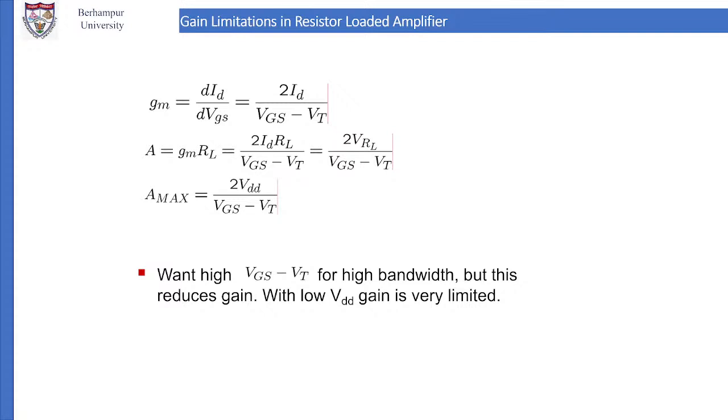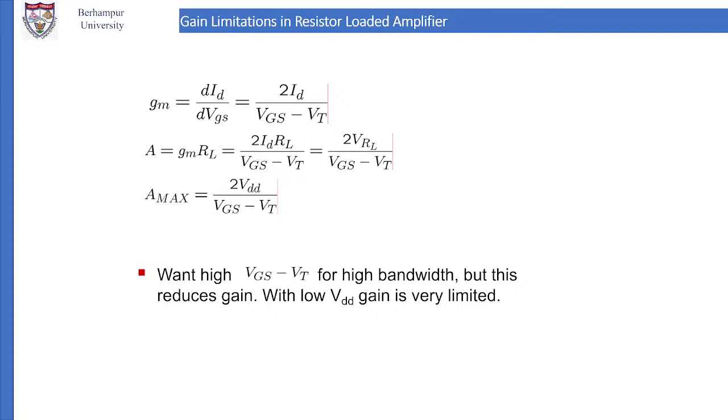We were discussing the resistor loaded amplifier before we went to lunch. When you discuss the amplifier, gm is equal to the change in ID with respect to the change in VGS. That is by definition.